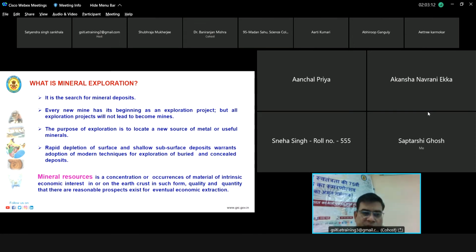Resources, if economical, are called a reserve. Resources means you have explored a project and found a certain million tons of mineral or metal with some cut-off grade. If that cut-off grade is mineable, and can meet your mining expenses, and it is a beneficial project, then we can call it a reserve.